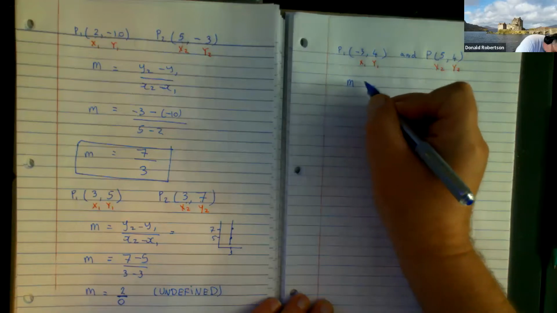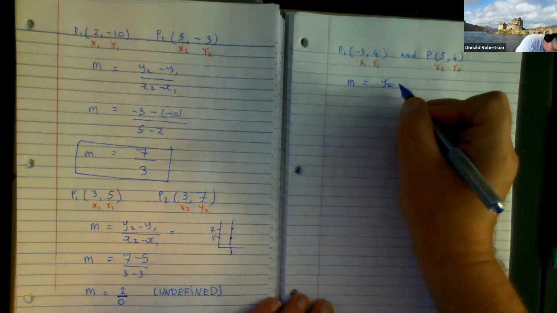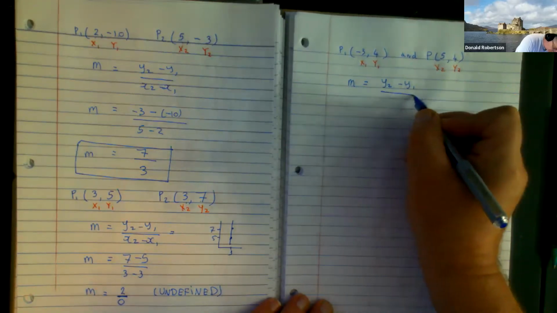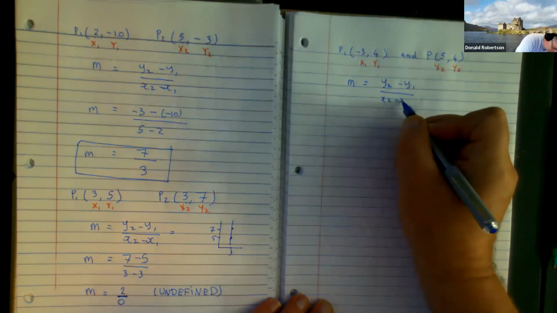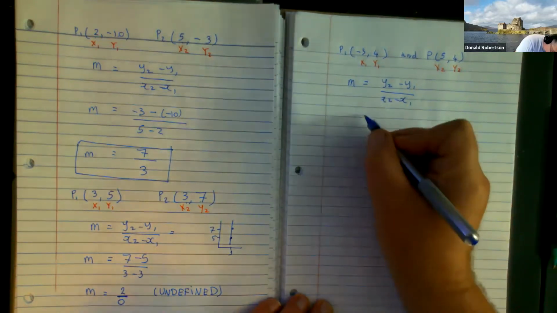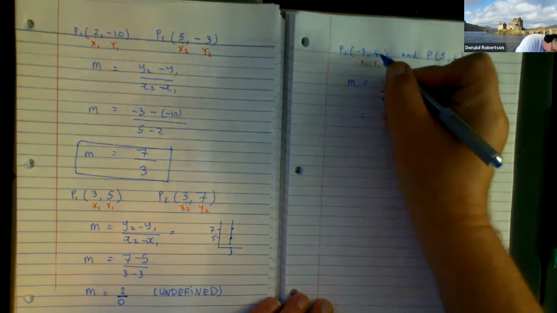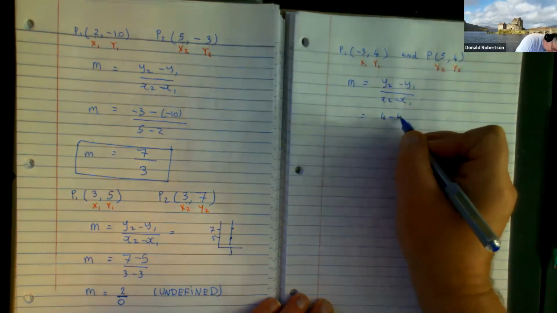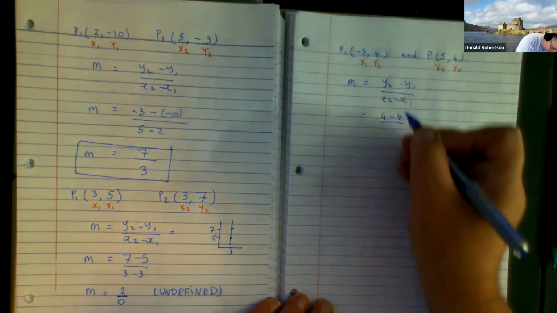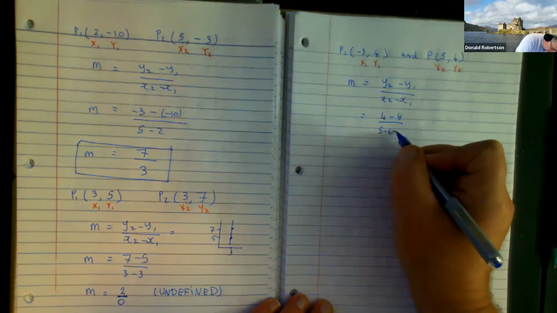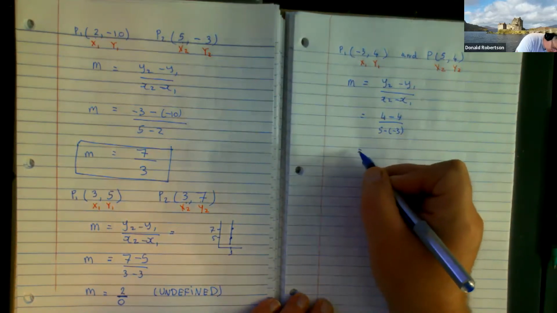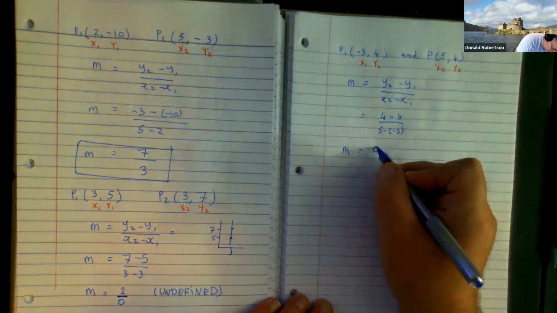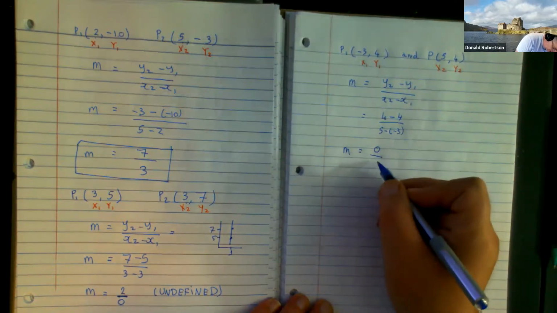So the slope joining these two is going to be the difference in the y coordinates over the difference in the x coordinates. And that's going to get you 4 take away 4 over 5 take away -3. That's going to get you a 0 on the top, and 5 add 3 gets you 8.